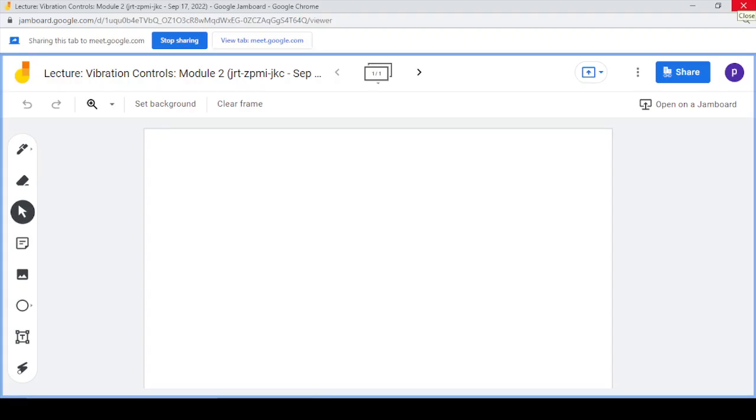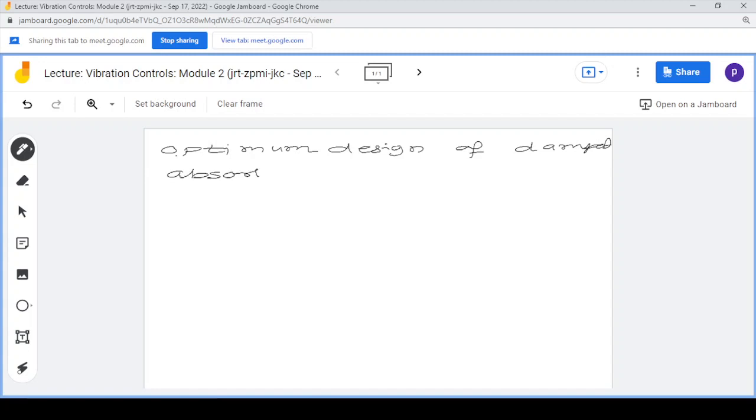Okay, so let us discuss the optimum design of the damped absorbers. In this section, we are going to consider the damped absorber applied to an undamped single degree of freedom system.